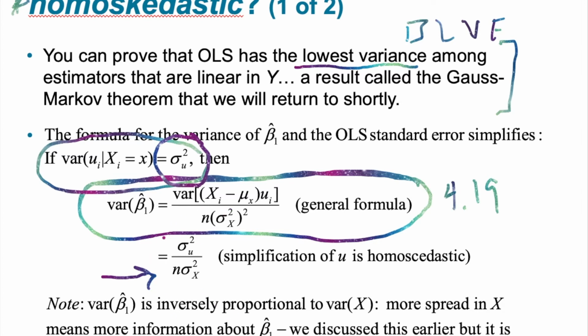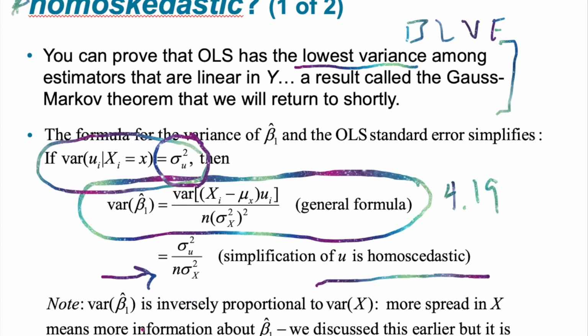We get sigma squared U over n times sigma squared x. This is the simplified variance of beta 1 hat when the OLS residual is homoskedastic.